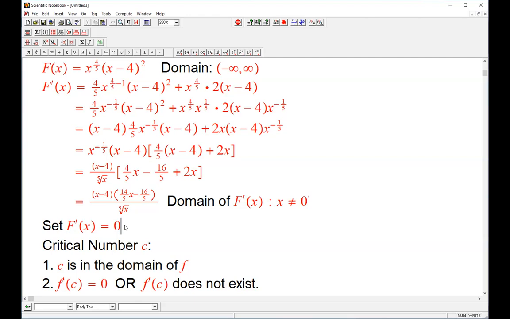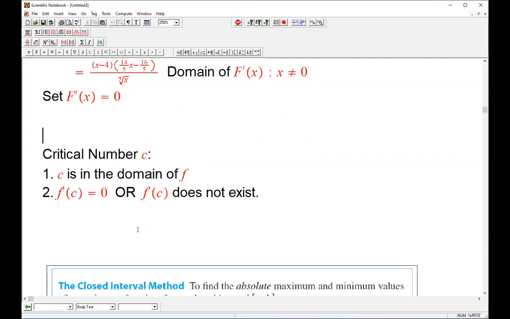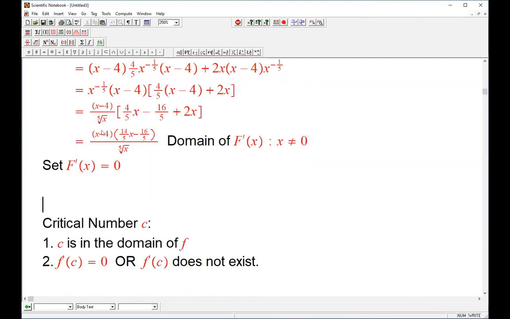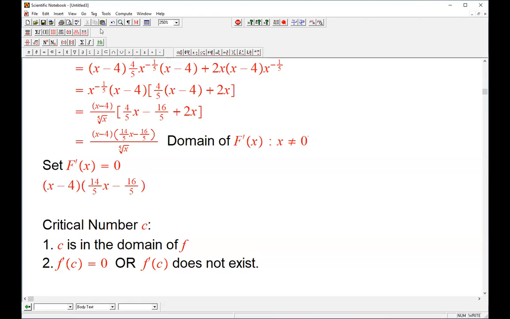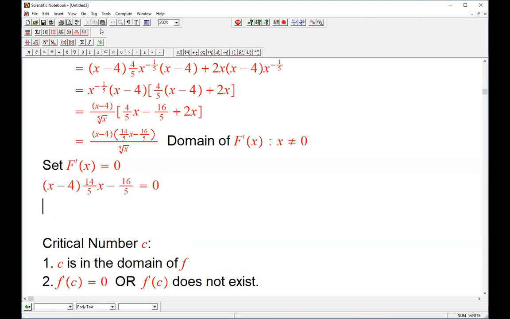And we have two other numbers that can be solved when we set the derivative equal to 0. The denominator cannot be 0, so the numerator must be 0. Using the zero product property, I dropped the parentheses by accident.